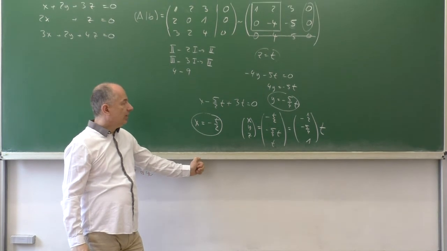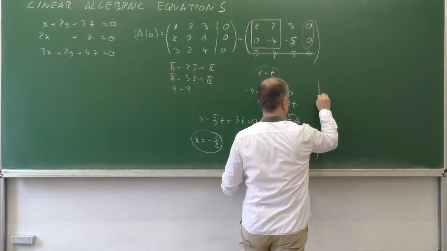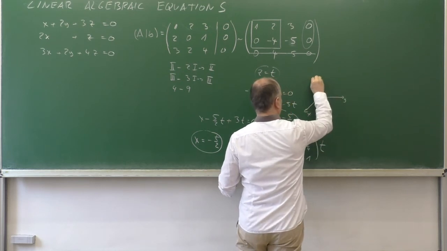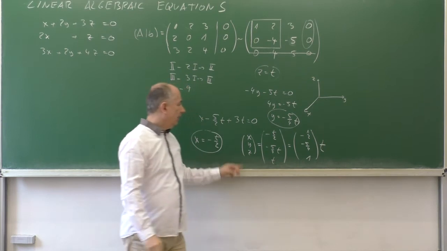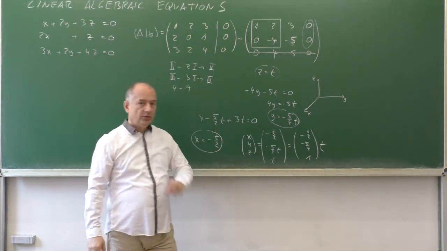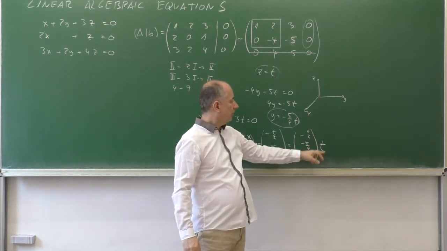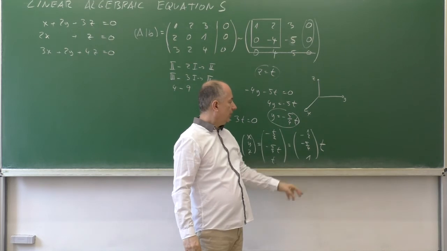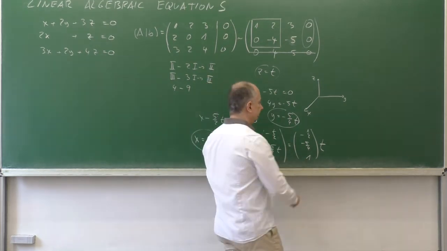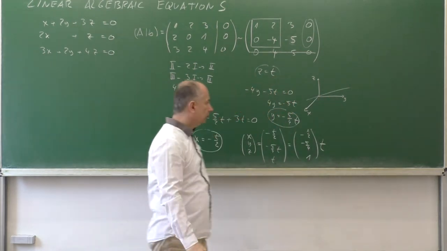Well, and this can be interpreted graphically: in the three-dimensional space x, y, z, the set of all the solutions forms a straight line going through the origin, because when t is 0, we have 0, and this vector gives the direction of the line.